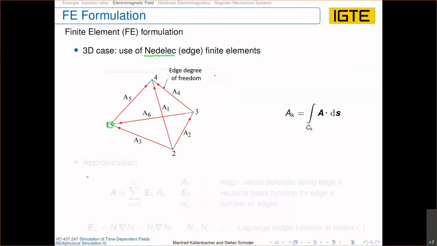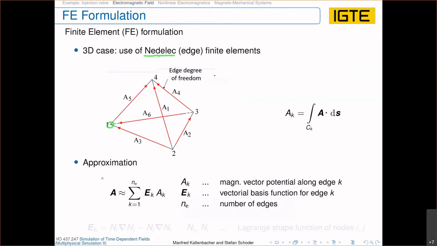And what makes it also different to the standard nodal finite elements is that, as you can see here, the basis functions are now vector functions. That is quite different to the standard elements, where the basis functions are scalar functions.